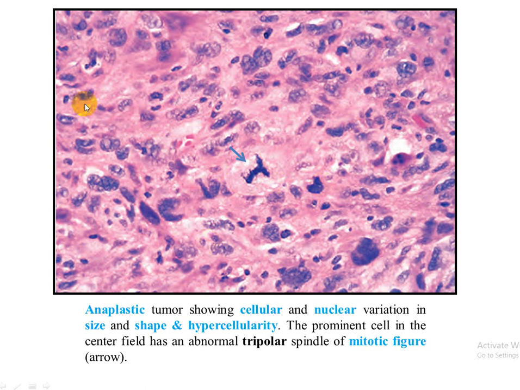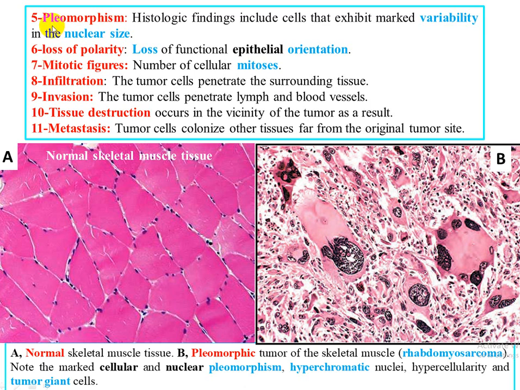In addition, there is loss of normal arrangement and cellular uniformity, meaning loss of cellular polarity. Other terms: pleomorphism means different sizes of cells and nuclei, with some very large, others medium, and others very small. Loss of polarity, we have discussed. Mitotic figures: an increased number of abnormal mitotic figures is an indication of malignant transformation.